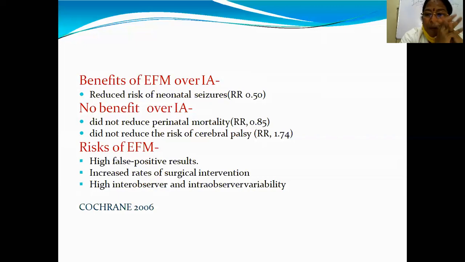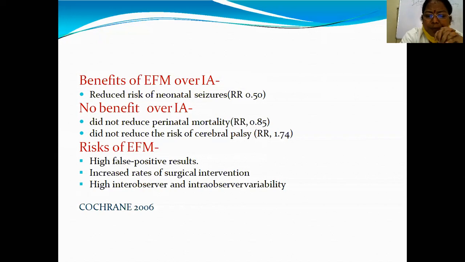So what are the drawbacks of continuous external fetal monitoring? Usually this increases our stress. We are always stressed when we see the tracing coming like this. There are unnecessary interventions, panicky decisions, and an increased rate of instrumental delivery or cesarean sections when we go for this monitoring.